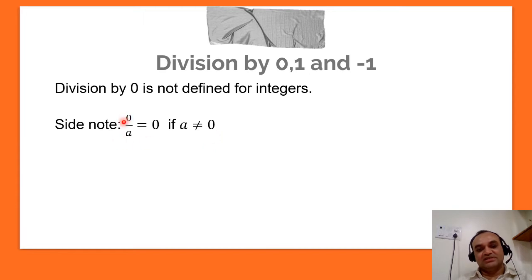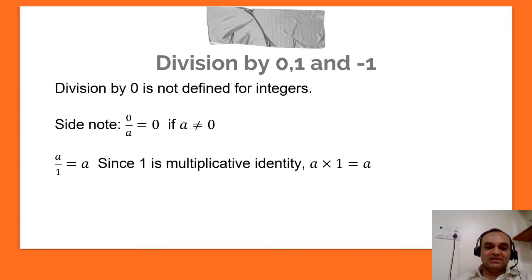So again, 0 by 0 is not defined, but 0 by A is 0. If we divide any integer by 1, the answer remains the same as that integer. A by 1 is A, and that's because 1 is the multiplicative identity. So I can write A times 1 as A, which also means that A divided by 1 is A.